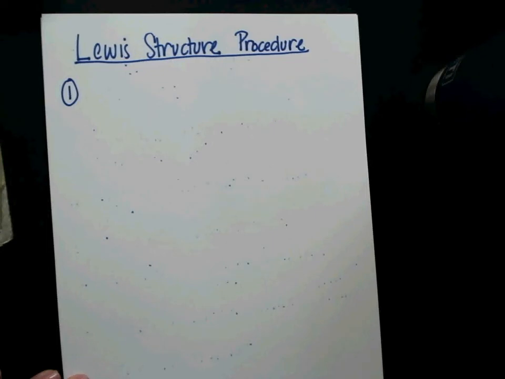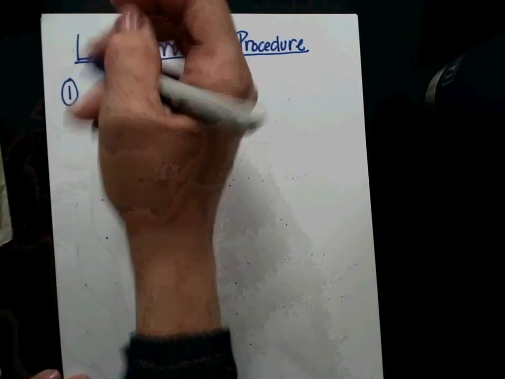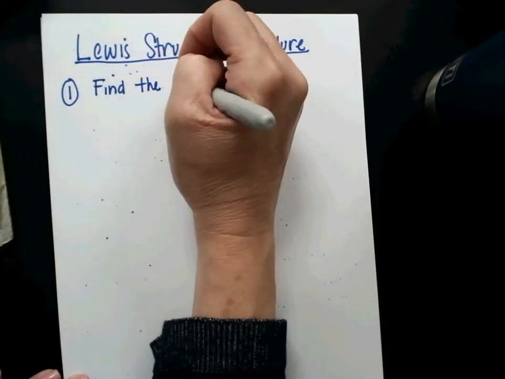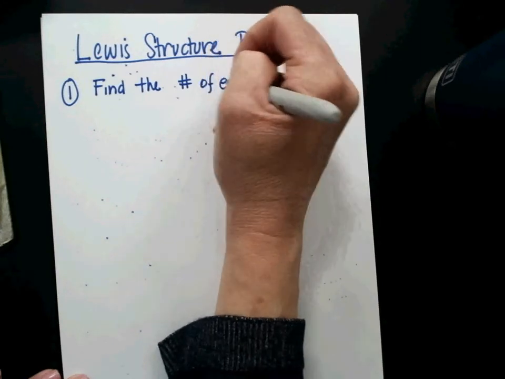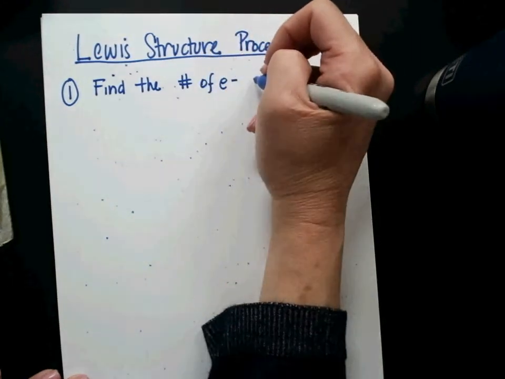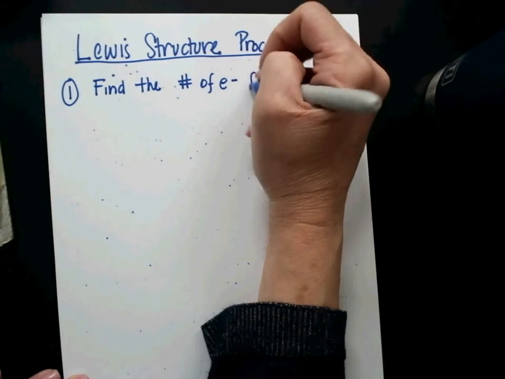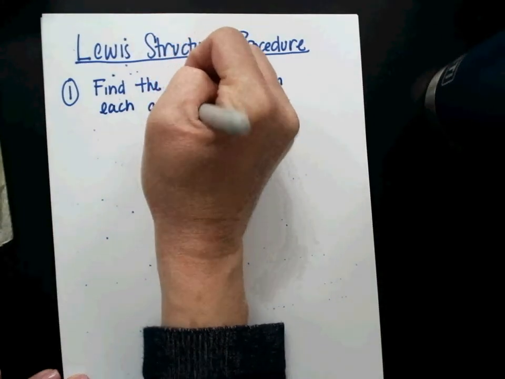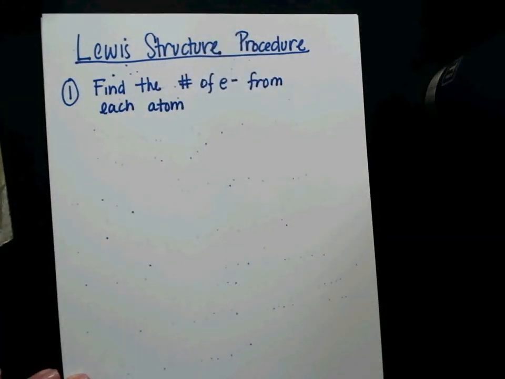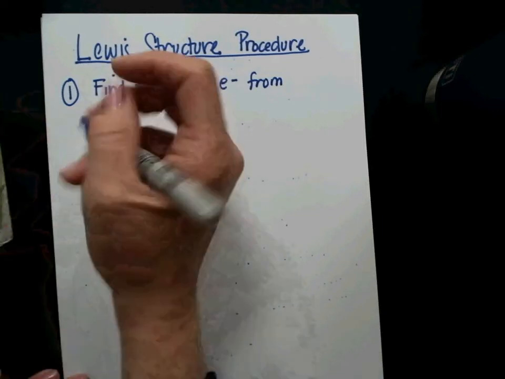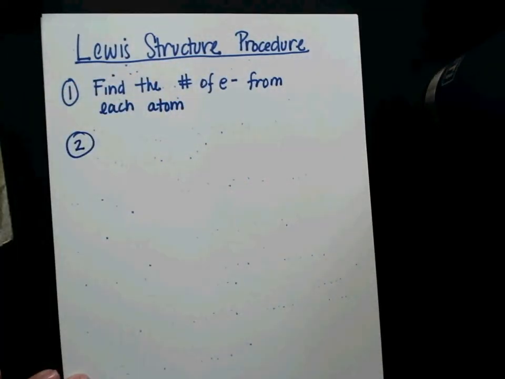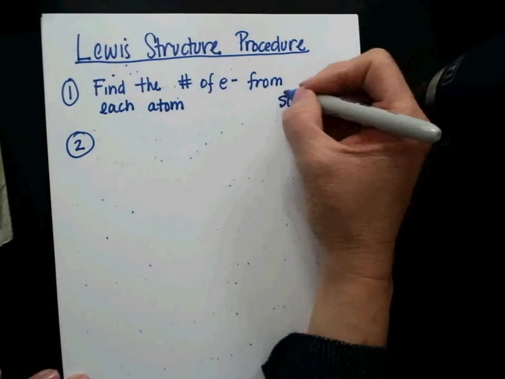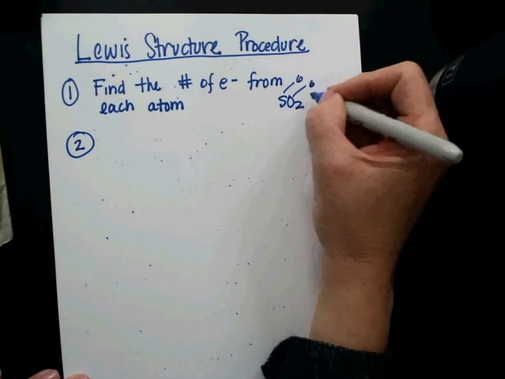The first thing you want to do every time is to find the number of electrons from each atom. So if I had SO2, I would go, okay, this is 6, this is 6, and my second one is 6.